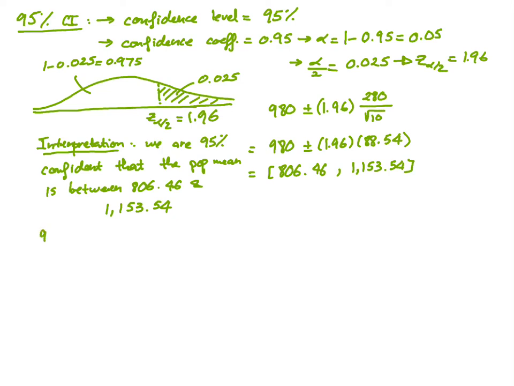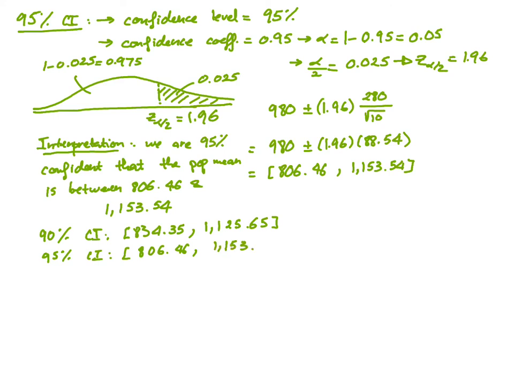Now recall that the 90% confidence interval is the interval from 834.35 to 1125.65, and the 95% confidence interval is what we just calculated, which is from 806.46 to 1153.54.